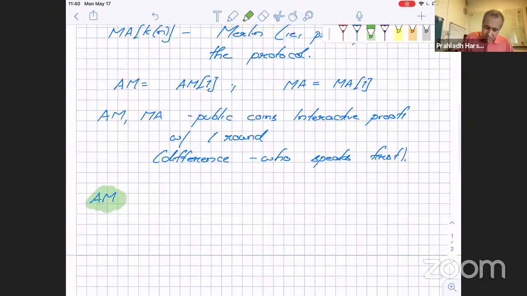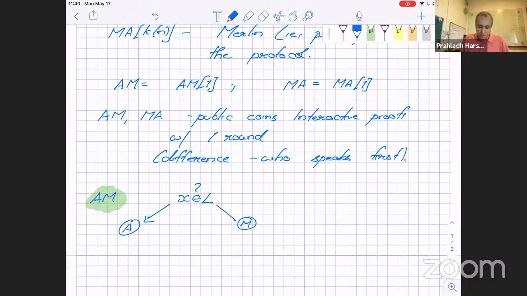Once again, AM is this setup in which you want to ask whether x is in the language or not. So there's a verifier, which I'll now call Arthur, and there's a prover, which is Merlin. And how does the protocol go? It's AM, so Arthur starts, he sends a message r.